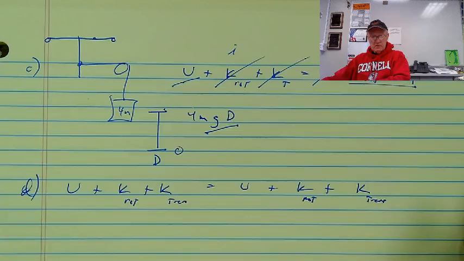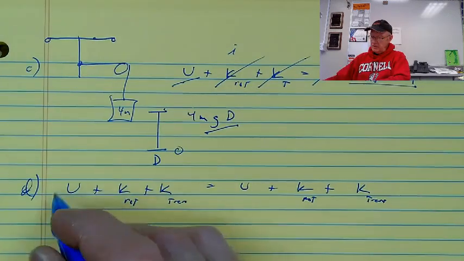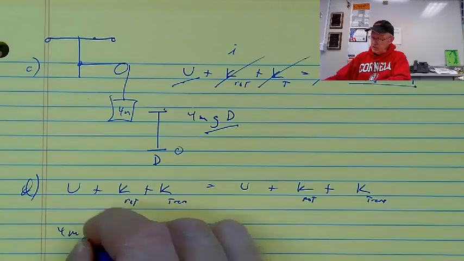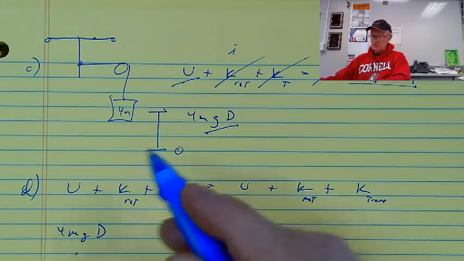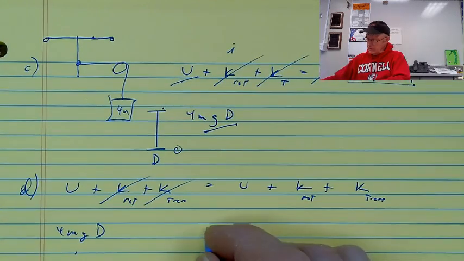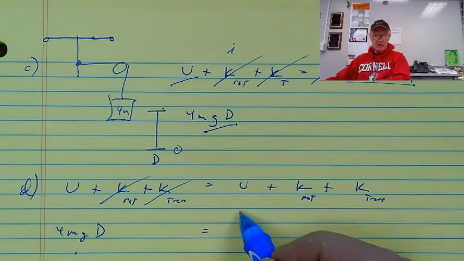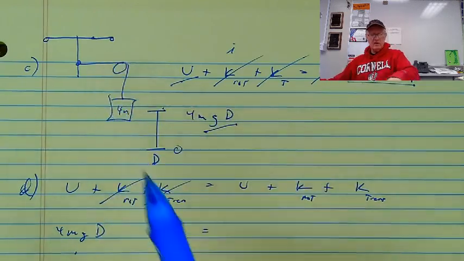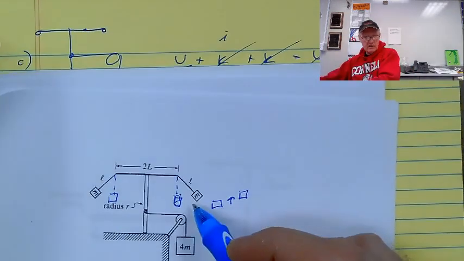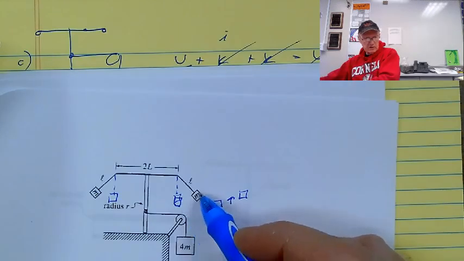But when we ended up here, this potential energy increased because, where am I? These little dudes rose a little bit. So they gained gravitational potential energy. It was not zero once this thing had descended d. It was 4mgd plus something else.